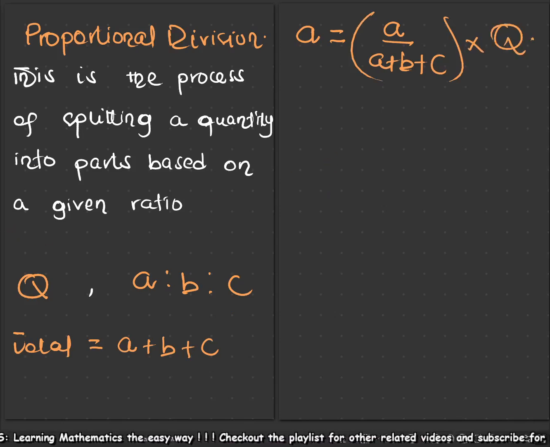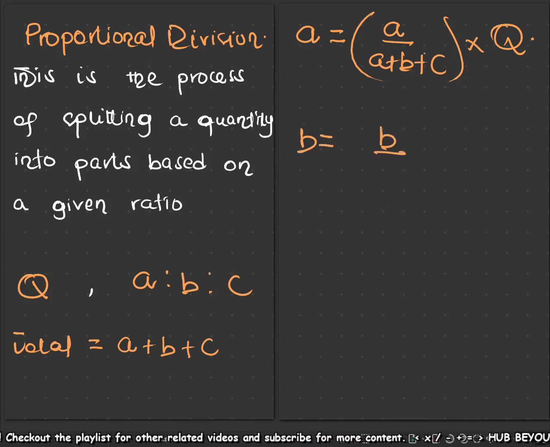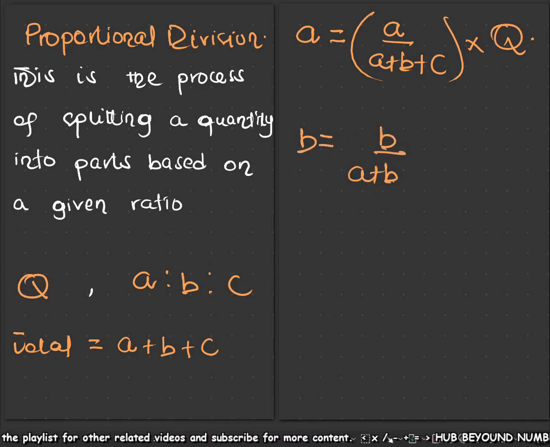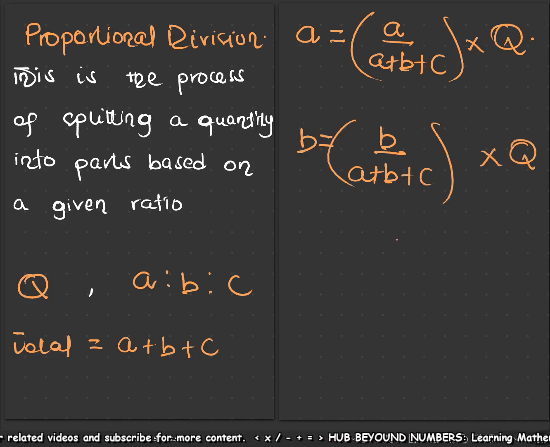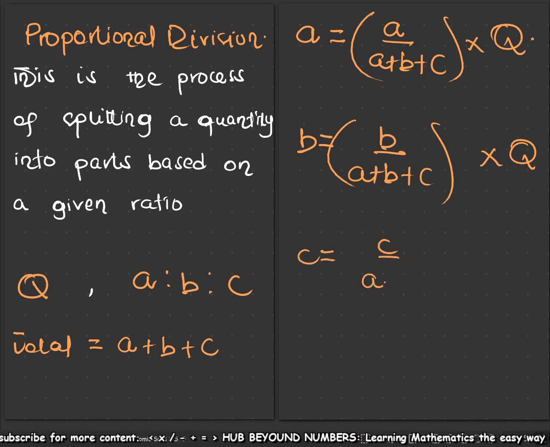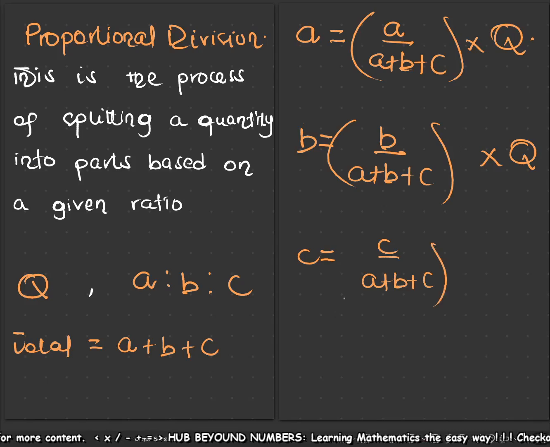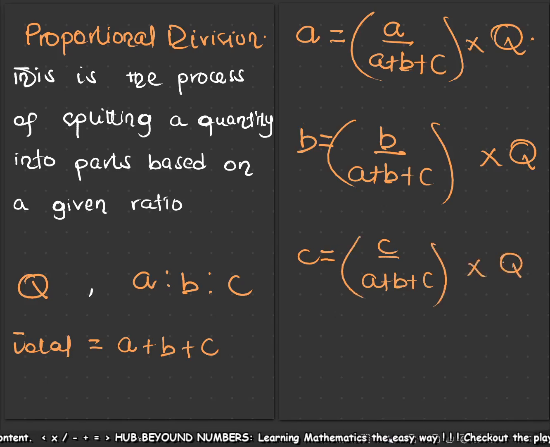We do the same for the second part, which represents B: B over A plus B plus C, times your Q. And the third part, which is C, is C over A plus B plus C, times your Q. This is all proportional division is about.